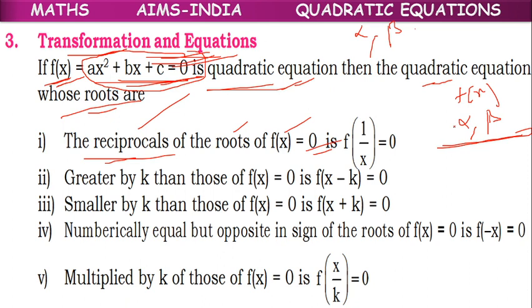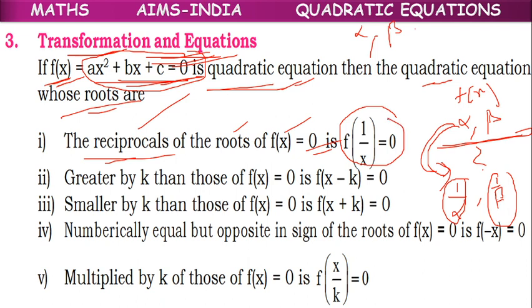Now what they are asking is one more equation whose roots are reciprocals of the roots of f of x, meaning 1 by alpha, 1 by beta. So for that, the shortcut is f of 1 by x is 0. In the place of x, if you keep 1 by x, you will get the equation whose roots are reciprocal to the given roots.